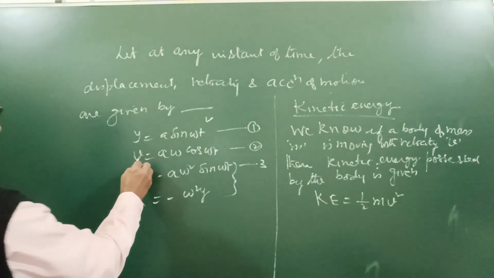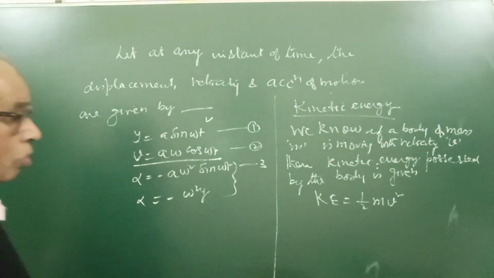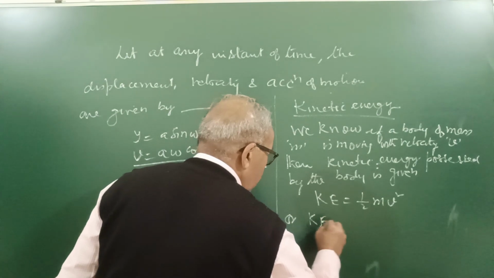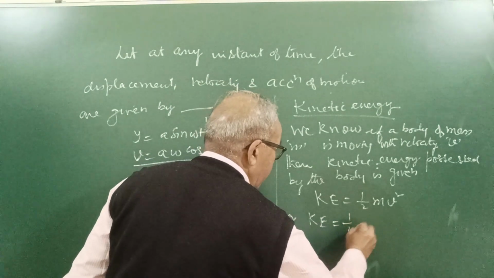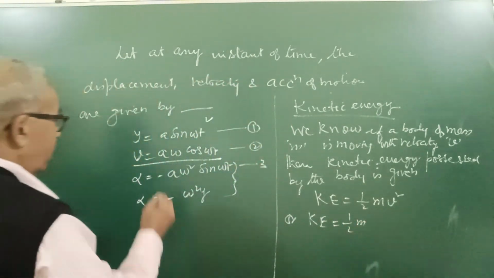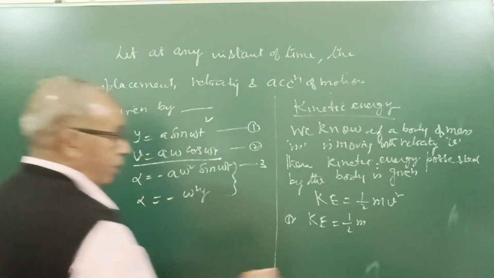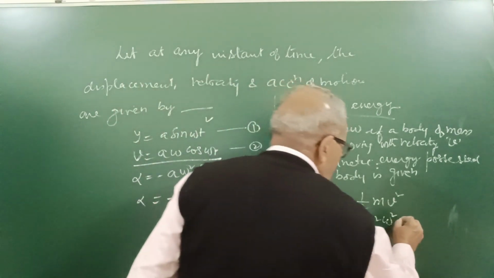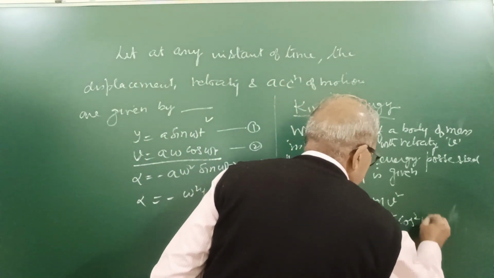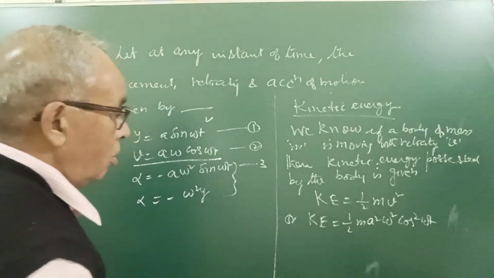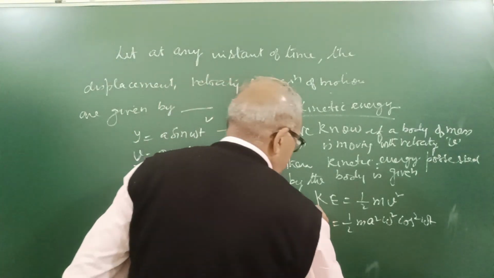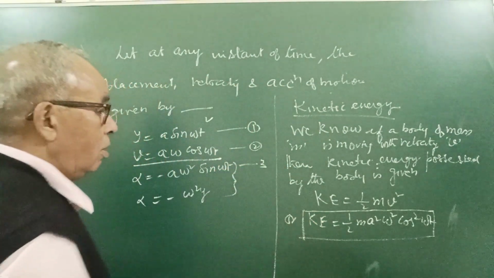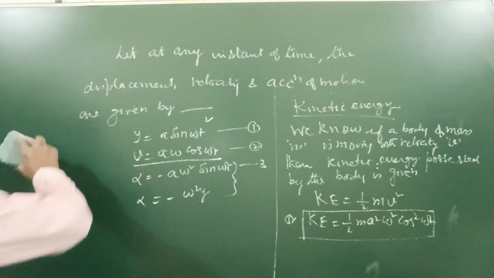But in SHM v is equal to this. Putting this value in KE equal to half m v square, the square gives a square omega square cos square omega t. So this is the kinetic energy at time t.